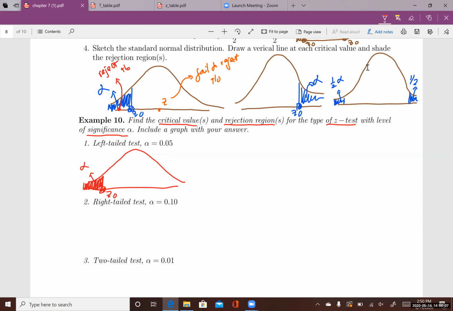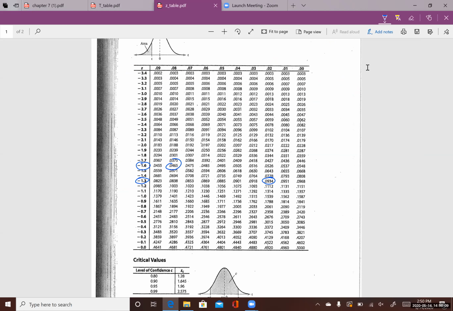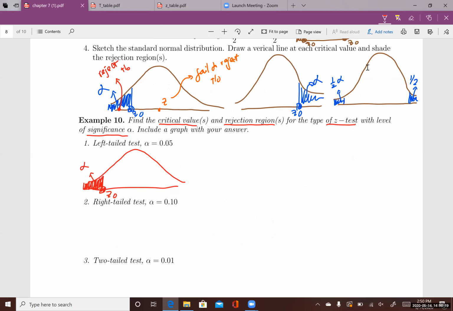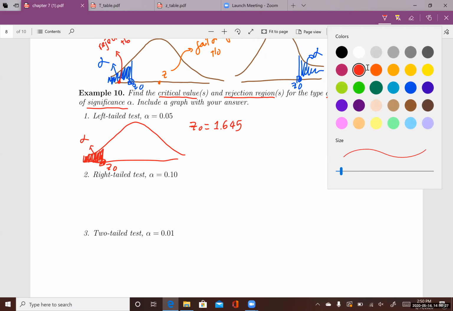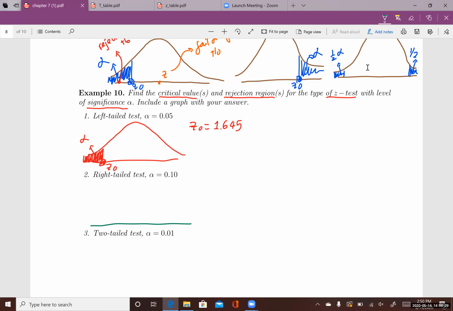I can find the Z table, and 0.05 is gonna be the average of these 2 values. So it's gonna be negative 1.645. So Z0 is negative 1.645.